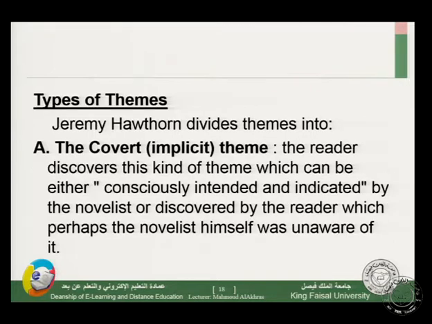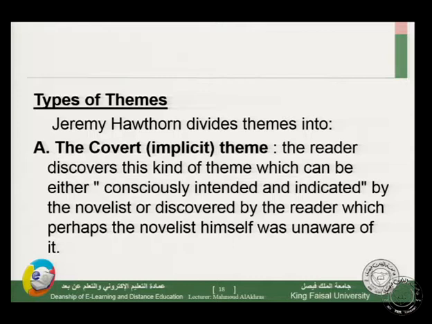Now let's see the types of themes. What are the types of themes? In novels, usually we have two types as stated by Jeremy Hawthorne. Let's see his division. The first one, we have covered theme, or we can call it implicit theme.